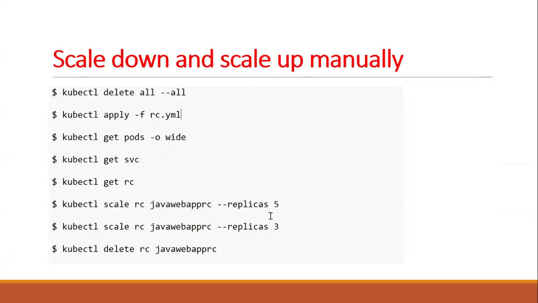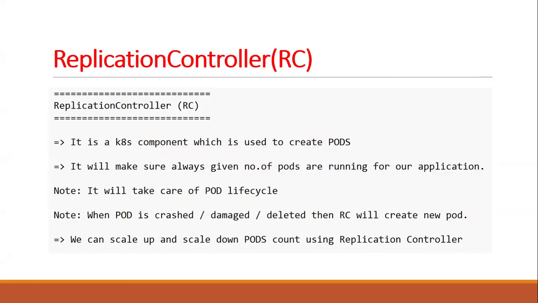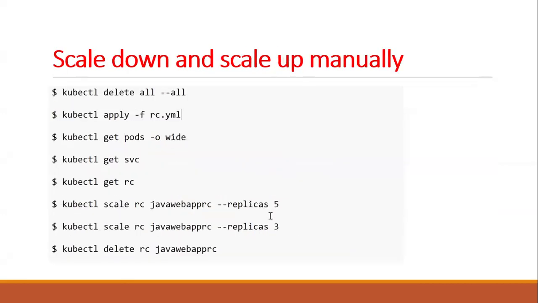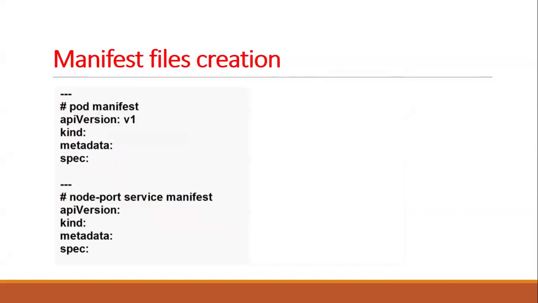So this is the replicas setting. The manifest file creation: the pod manifest file has API version, kind, metadata, spec.